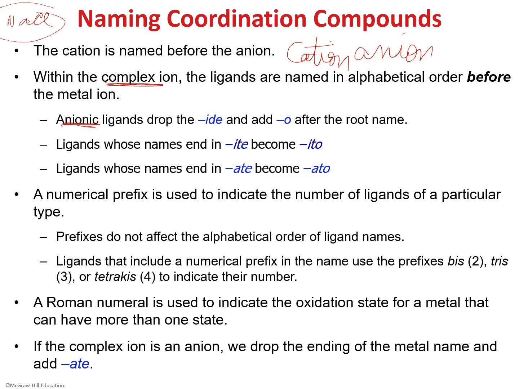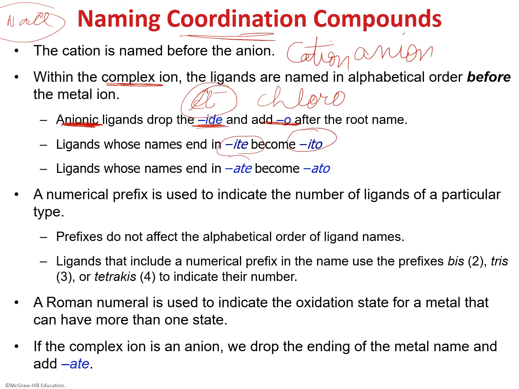If it's an anionic ligand, meaning something negative, drop the IDE and add O. So for instance, if it is Cl minus, what is the name of Cl minus? It's chloride. But when it's a coordination compound, you put it as chloro, not chloride. So you remove the IDE and replace it with O. Ligands whose names end in ITE become ITO.